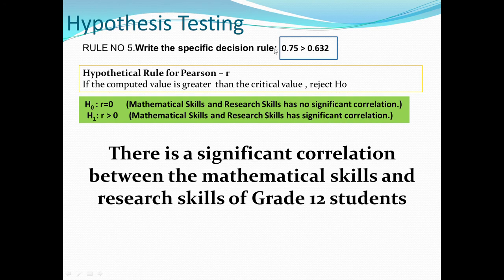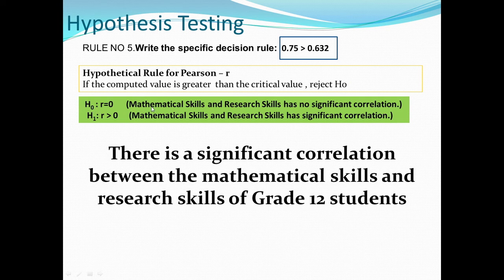Okay, so kung babalikan natin tong nasa box na blue, 0.75 is greater than 0.632. So meaning to say, our computed value is greater than the critical value. 'Di ba? Mas malaki yung 0.75 sa 0.632. So, ibig sabihin, ire-reject natin yung null hypothesis. So, balikan natin yung mga hypothesis natin, yung null and alternative.